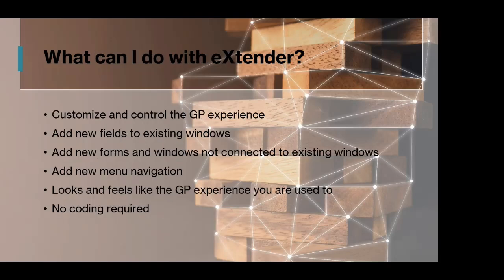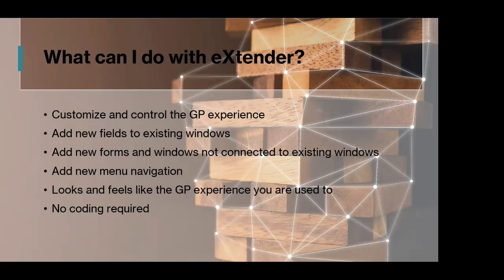Here's an example of some of the things you can do with Extender. You can customize Great Plains. You can control the Great Plains experience. And what exactly does that mean, controlling the Great Plains experience? Maybe you have a regular Great Plains window that when it comes up, you want to make sure certain fields are locked down, that the user cannot change those fields.